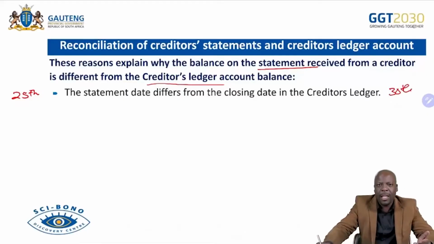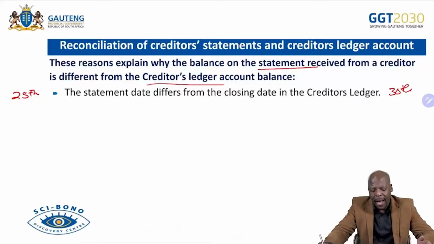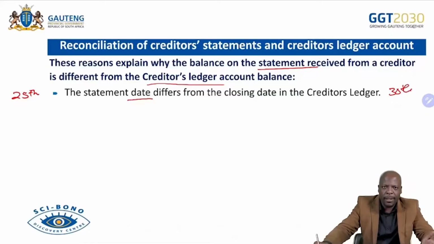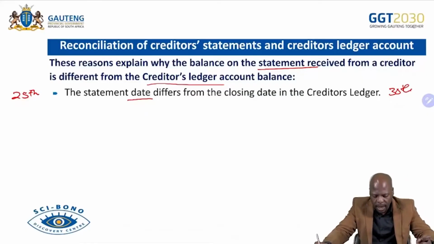So you would find that there are differences, whereby there are items which are in the ledger but not on the statement. So my first point has to do with dates. Dates when the statement date differs from the closing date in the creditor's ledger.